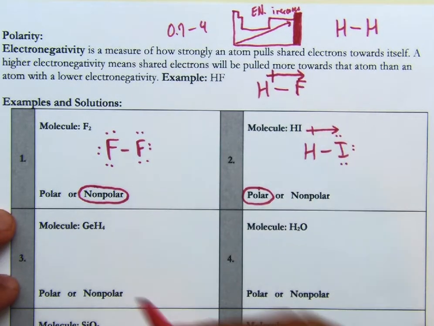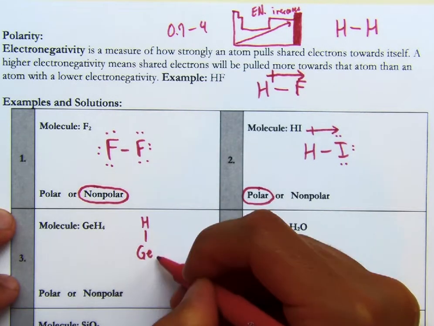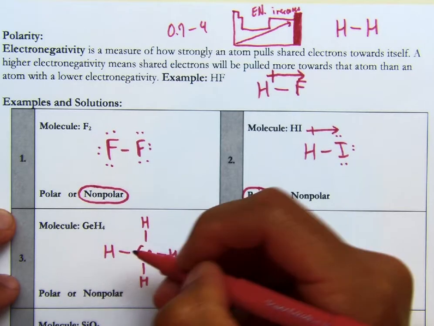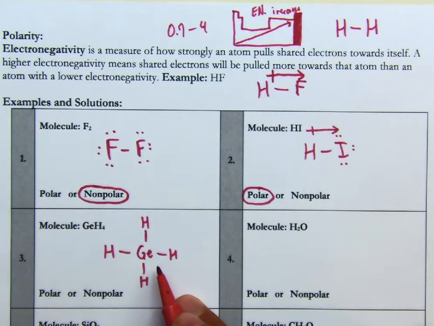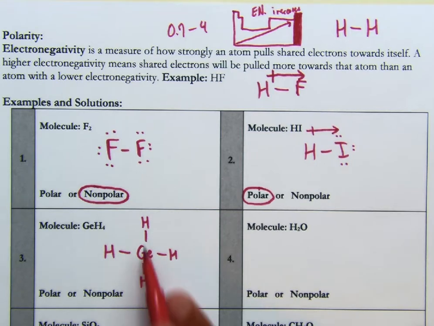Okay? So for this one, we have GE. Now, let's say we don't know the values of electronegativity here, but whether the electrons are getting pulled out towards the H or pulled in towards the G, over here you have the same element doing the same equal and opposite thing on all sides.